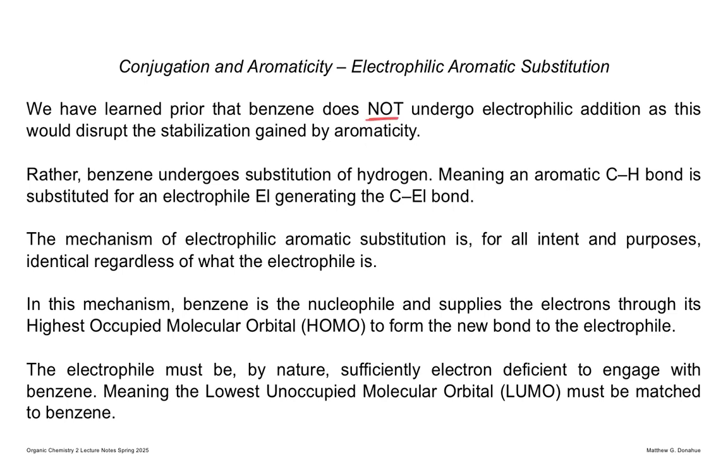Again, just to highlight, we're not doing electrophilic addition as in alkenes because of this stabilization from aromaticity. So we do electrophilic aromatic substitution, or EAS. To highlight, an H on the ring is being substituted for an electrophile. The mechanism, as we'll see, is the same regardless of what the electrophile or reagents are.